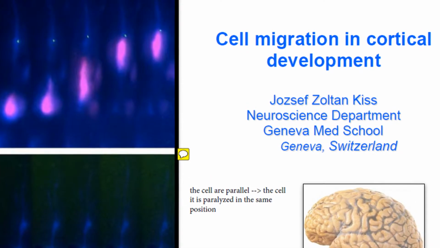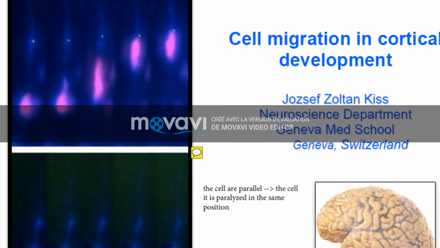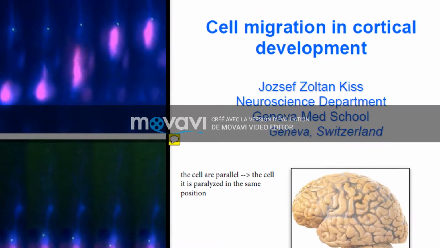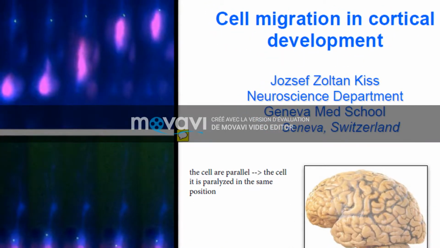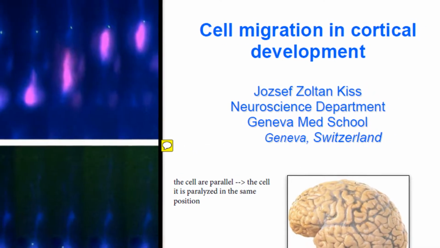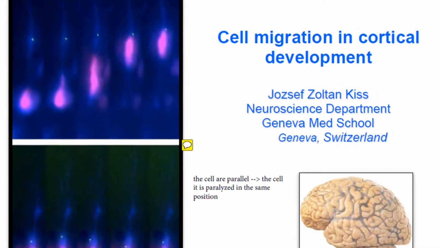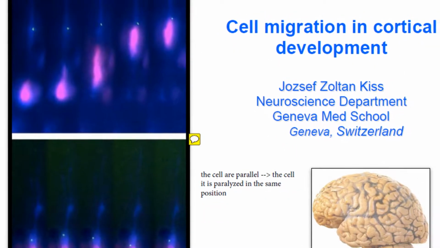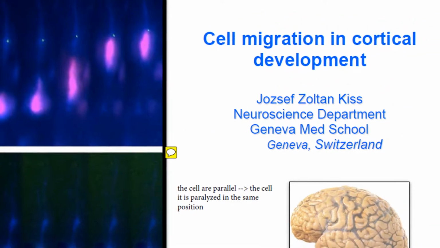This is another place. This is the wall of the ventricle. This is not the cortex. So neurons must migrate from this ventricular germinative zone towards the future cortex.